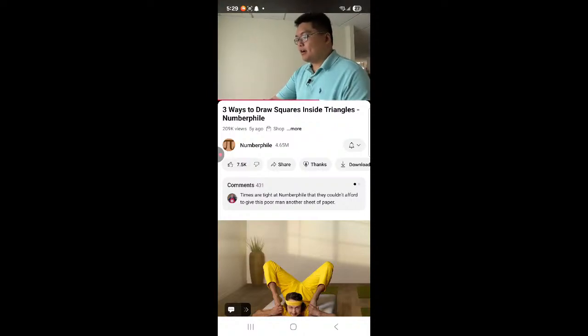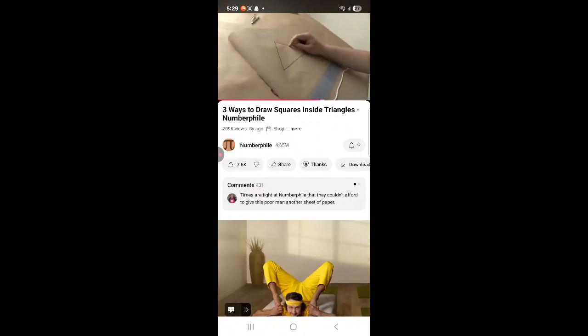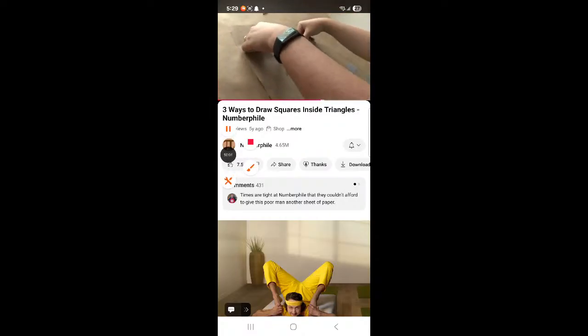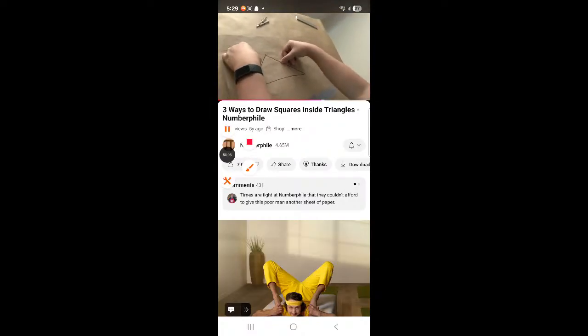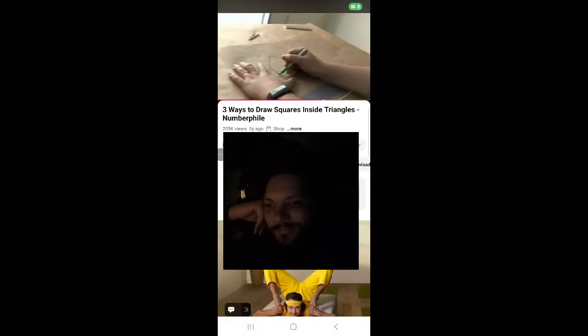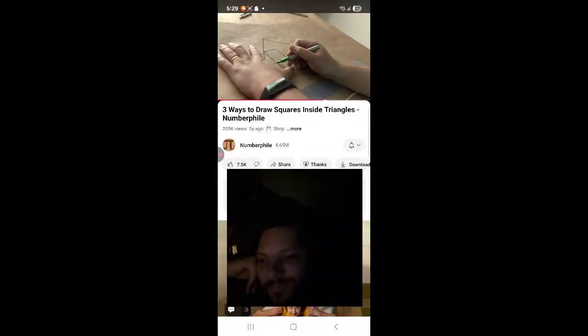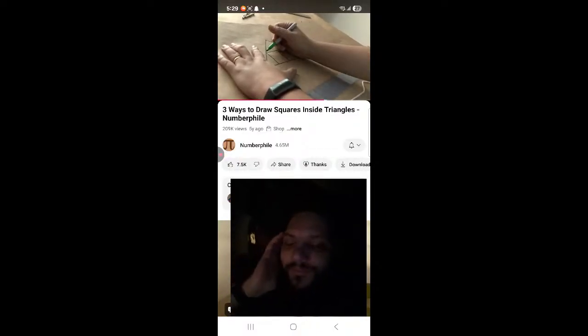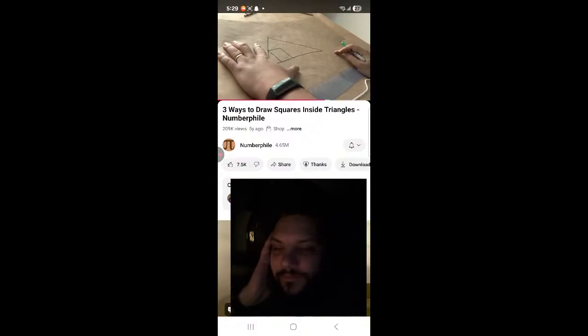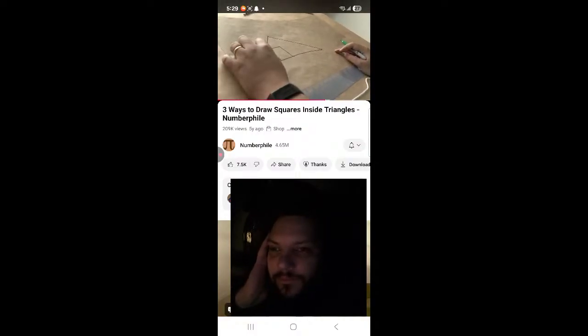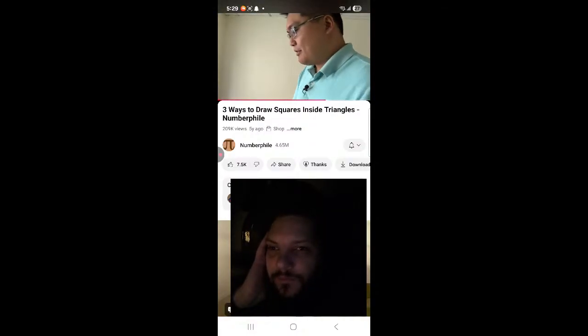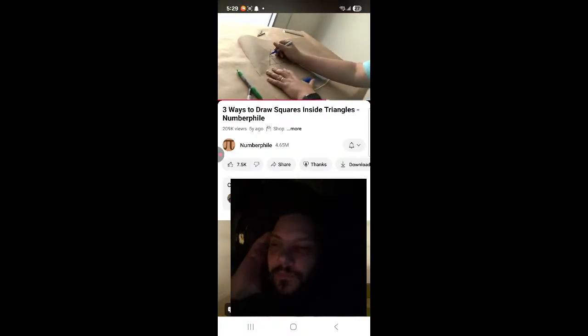Instead of forcing all the vertices to line up perfectly on the edge of the triangle, maybe we could say, hey, let's just have the base of the square touching one side of the triangle. We can also continue drawing more squares.